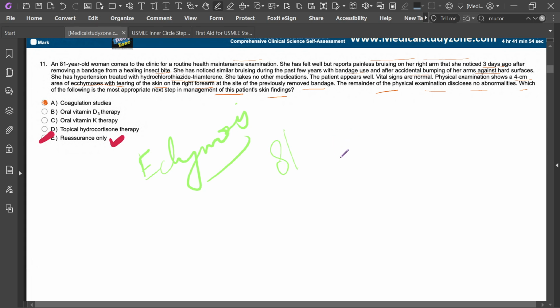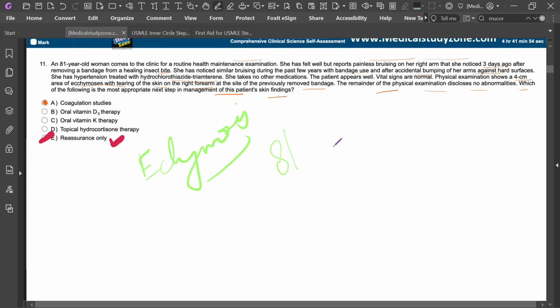As people age, the skin becomes thinner and loses elasticity, making it more susceptible to injury. Additionally, the blood vessels become more fragile and are more likely to break or leak blood into the surrounding tissue, leading to formation of bruises.